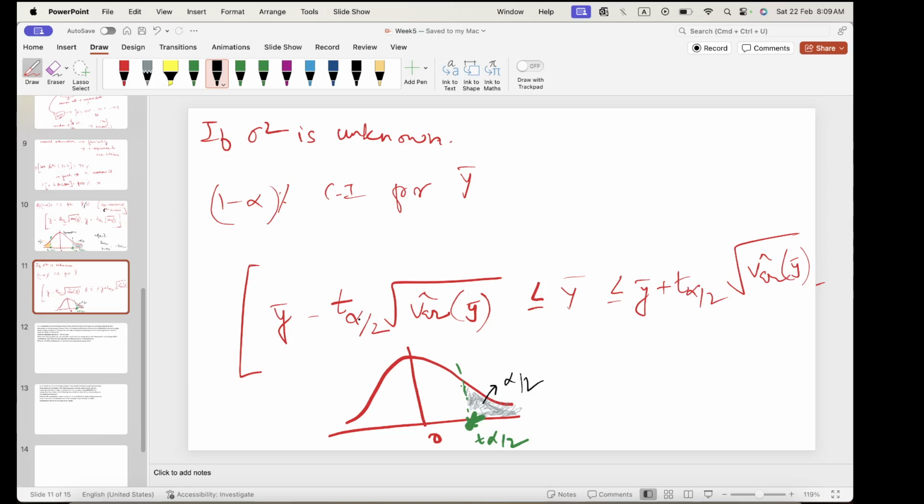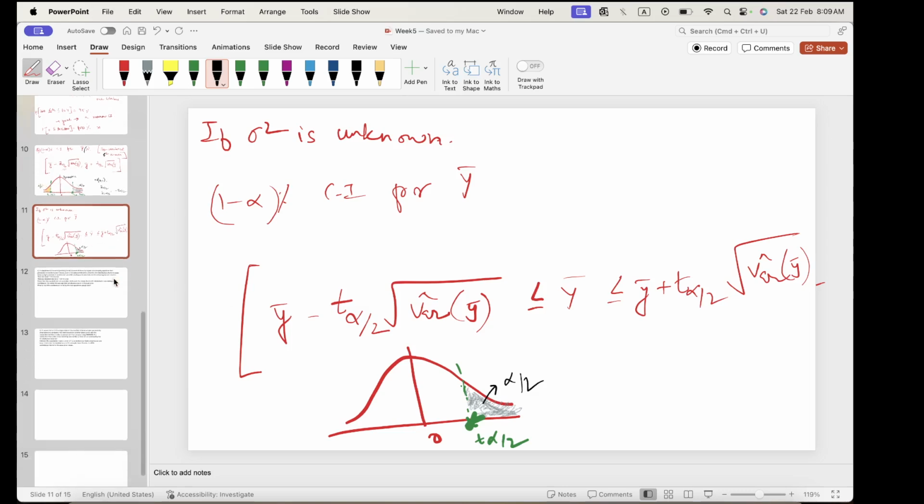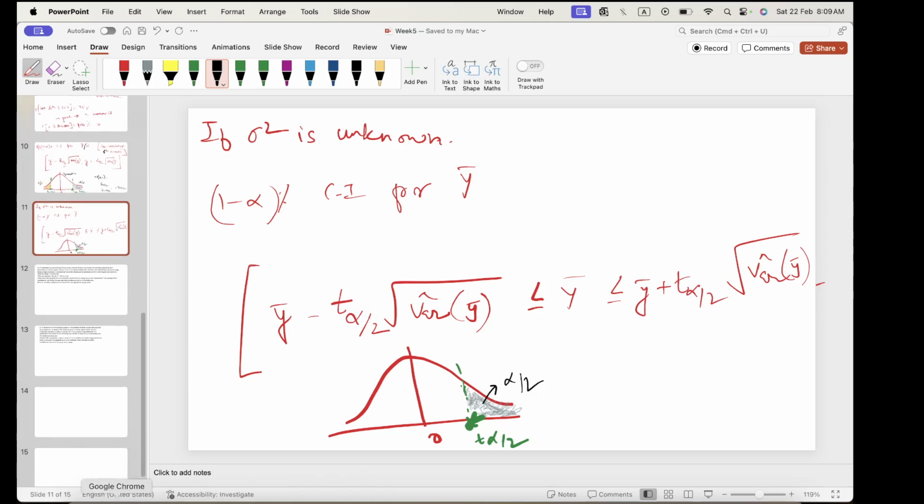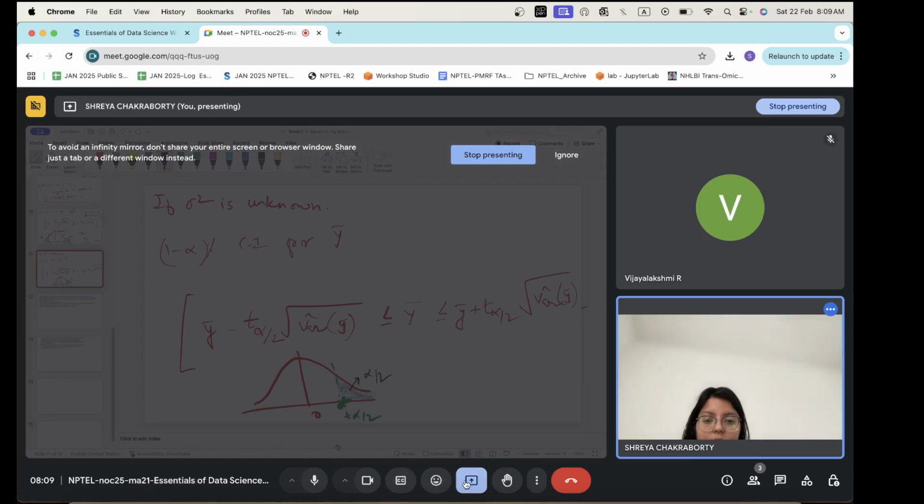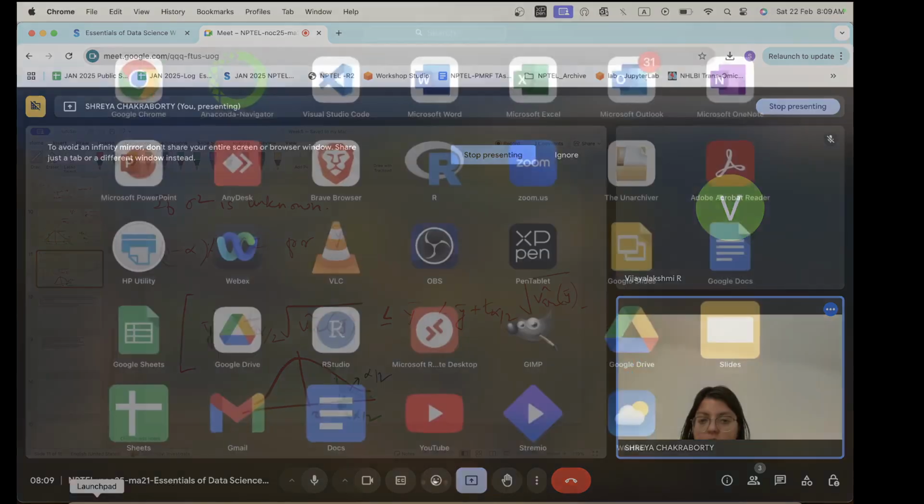Now this one, how do I calculate it in R? Okay, so let me move on to my R console. Just a second.